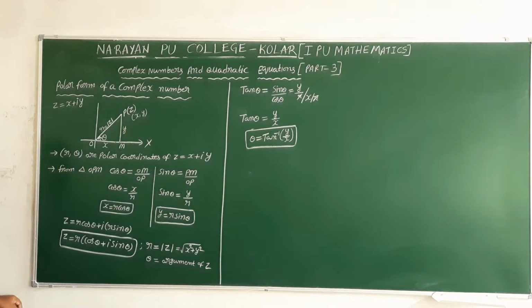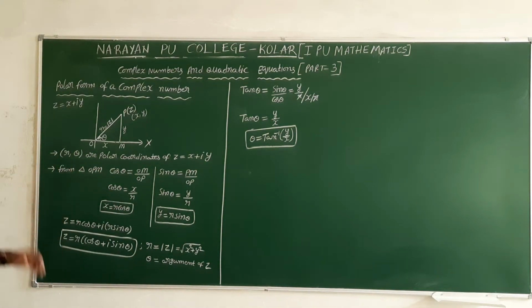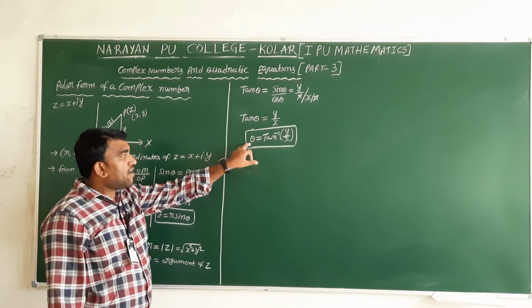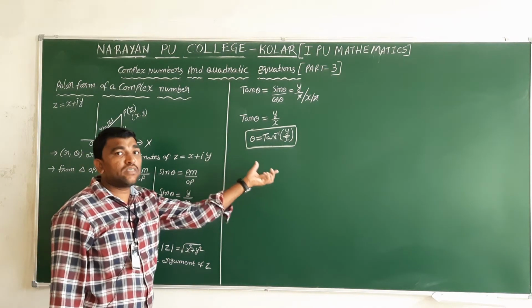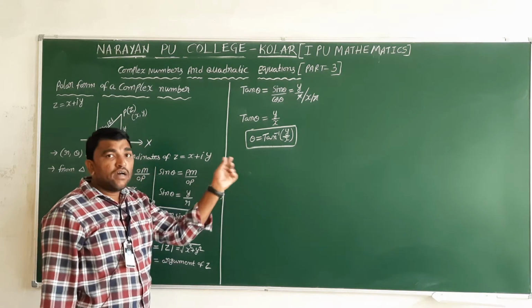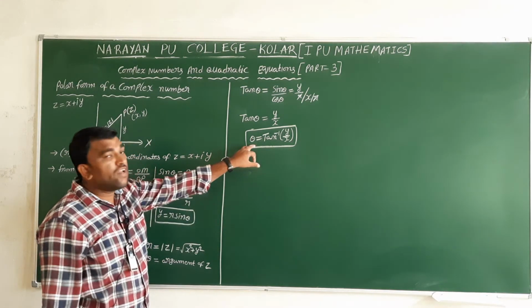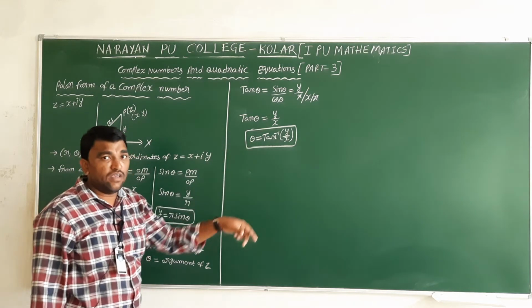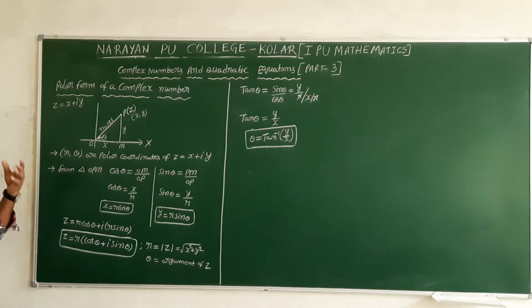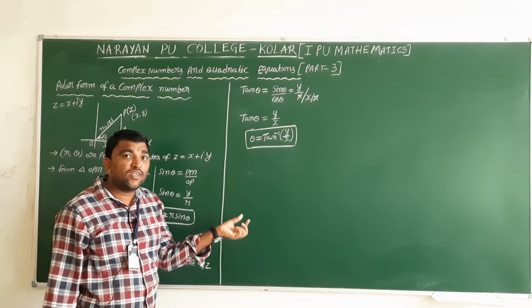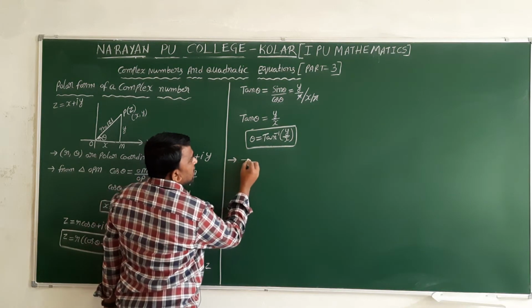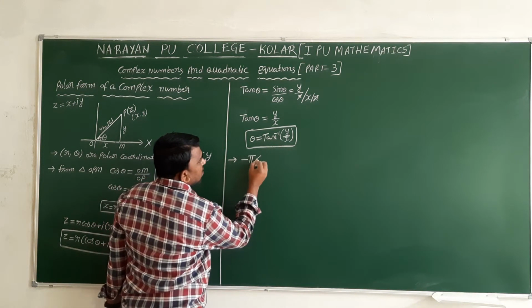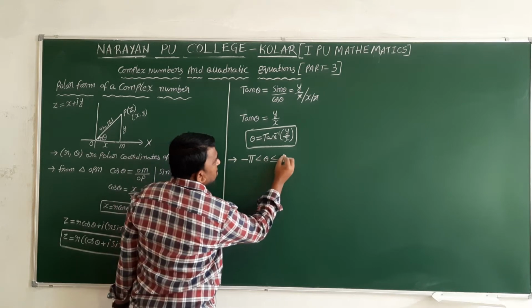So how to calculate the argument of z? Theta compulsorily lies in the interval of minus 180 to plus 180. Why? Because it is the principal value of the given complex number z equals x plus iy. We already studied principal values in trigonometric equations. Principal values lie between minus 180 and plus 180.